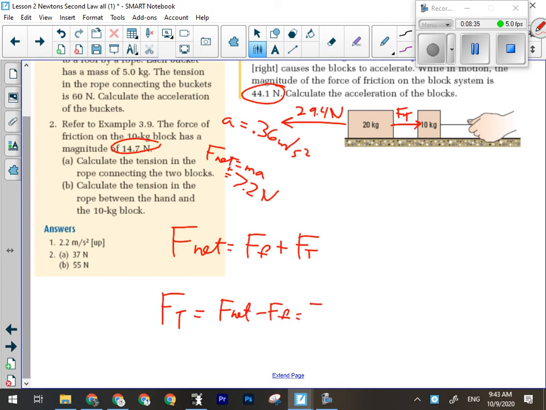So that'll be positive 7.2 minus negative 29.4. Is that going to give me 37 again? Pretty sure it will. But this time it's positive, because from the 20 kilogram box's perspective, that force is pulling it forwards.